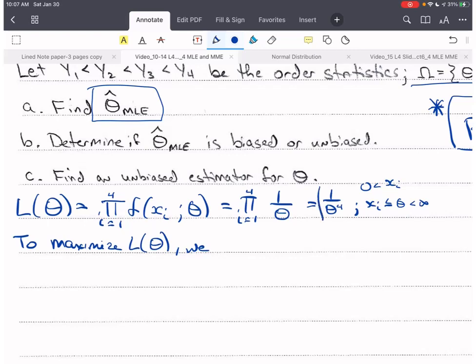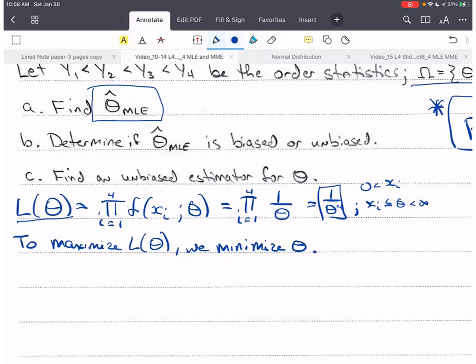Well, 1 over theta to a power. The bigger theta is, the smaller this value is. So the bigger theta gets, the smaller L gets. The smaller theta gets, the bigger L gets. So we need to minimize theta.